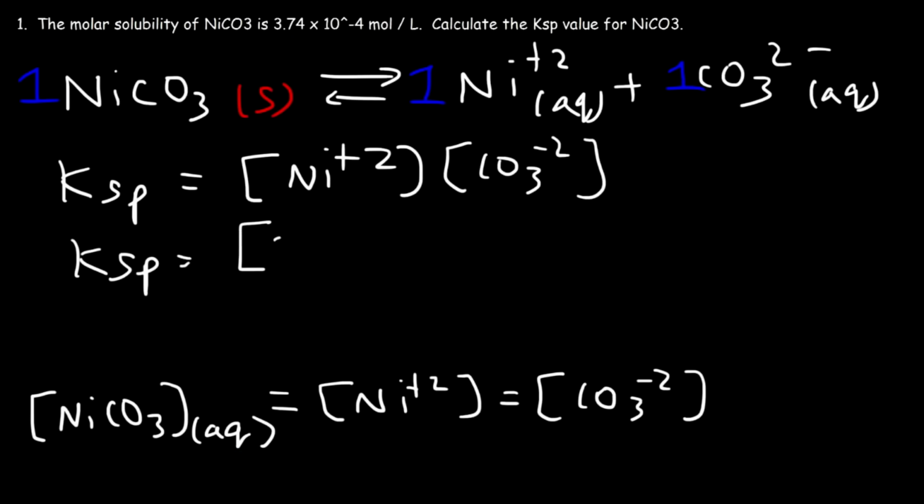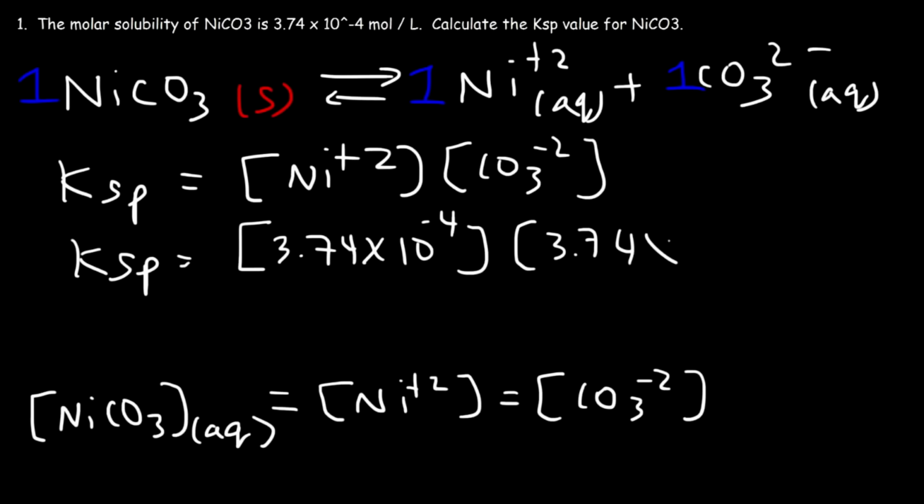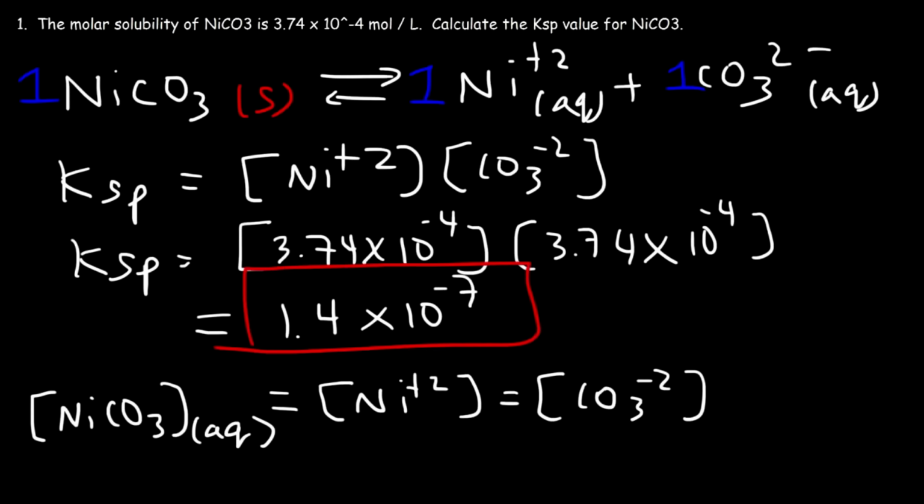So nickel is going to be the same number, and carbonate is also equal to the same value. So for this problem, it's 3.74 times 10 to the negative 4 squared. And so the Ksp for nickel carbonate is 1.4 times 10 to the minus 7. And therefore this is the answer.